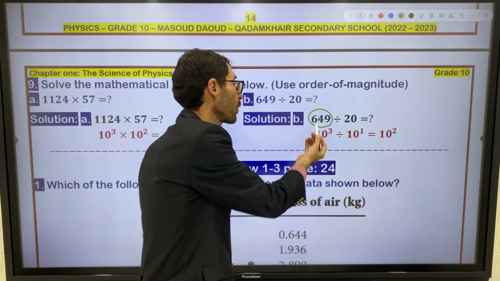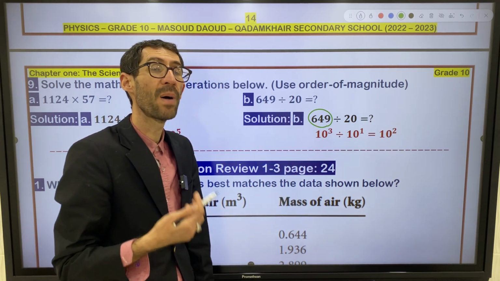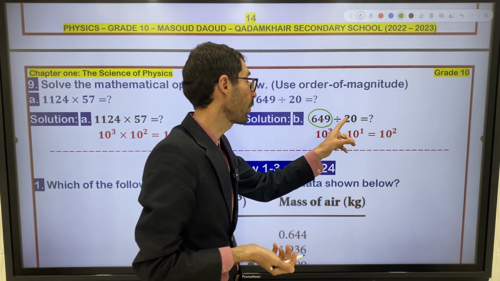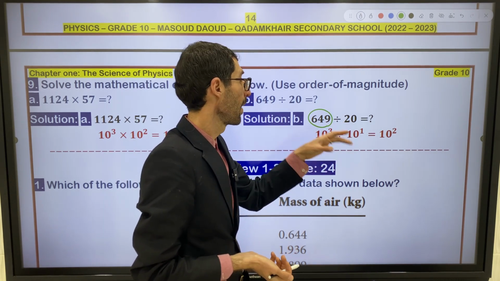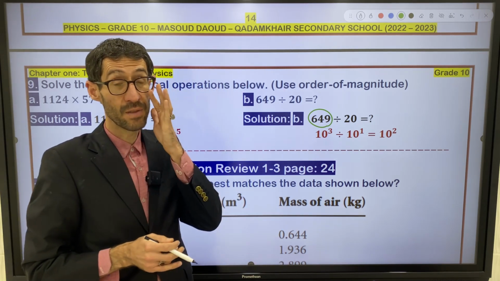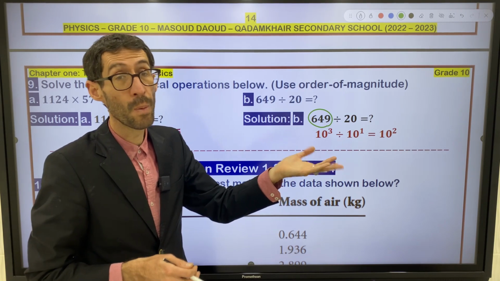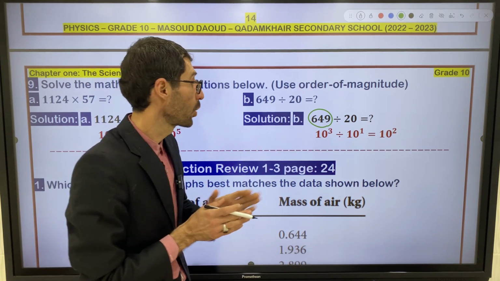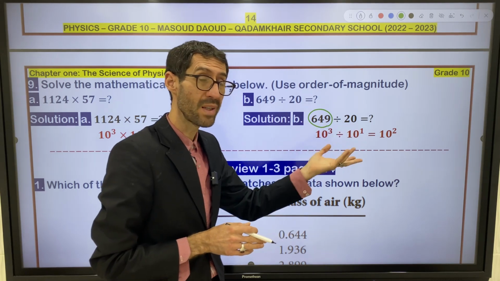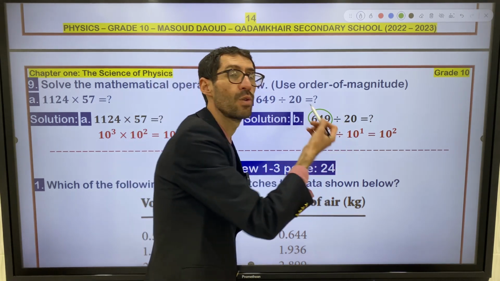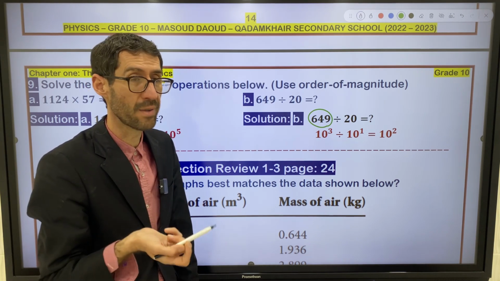So the order of magnitude of this number becomes 10 to the power 3, divided by 20. Actually, 20 is very close to 10 rather than 100. Compared to 100, 20 is very close to 10 to the power 1. That's why the order of magnitude of 20 becomes 10 to the power 1.